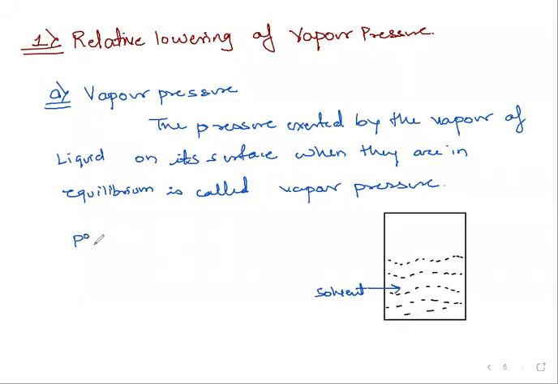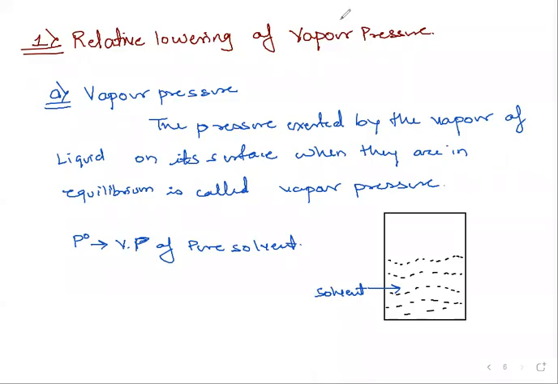P naught stands for the vapor pressure of pure solvent. Did everyone understand? P naught stands for vapor pressure of pure solvent.